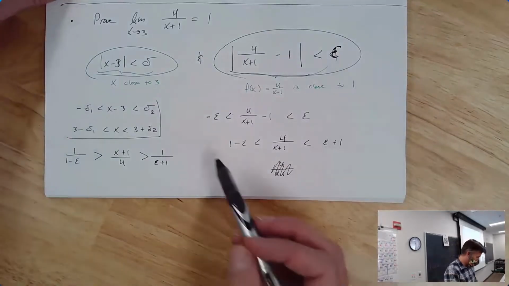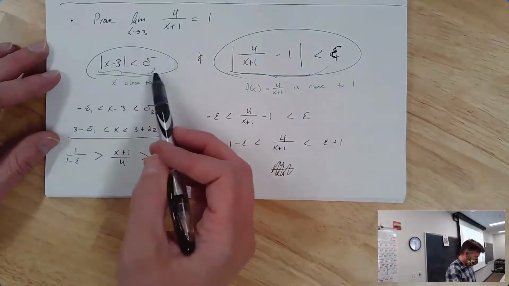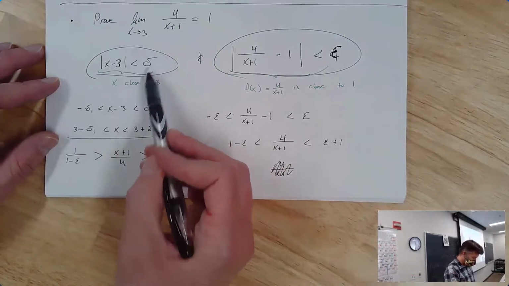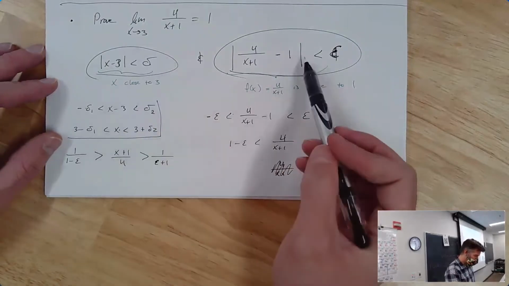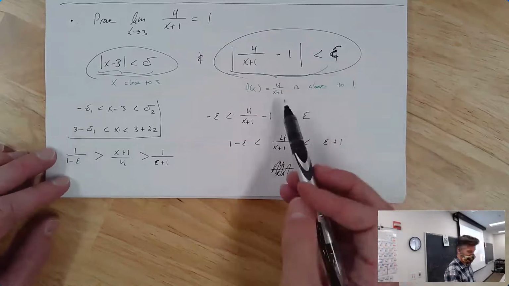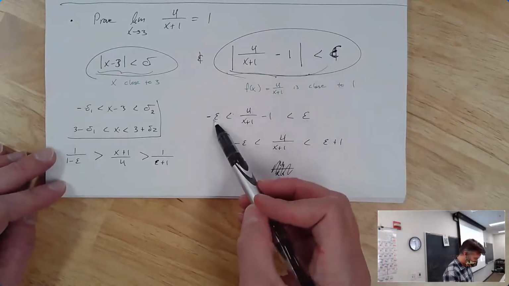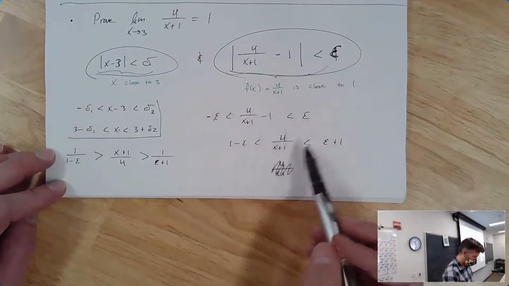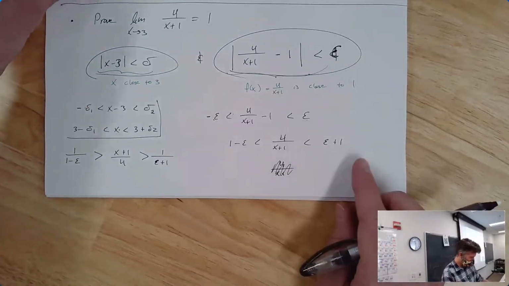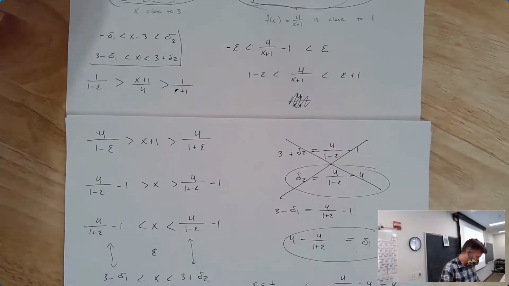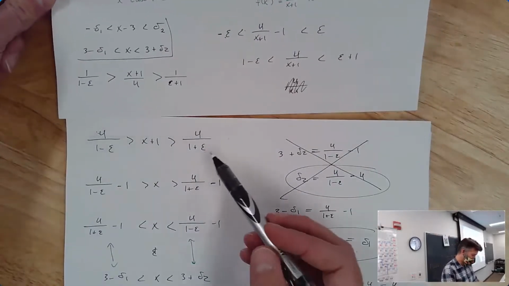So right from here, I isolated the x and got that, and from here I did a lot. It's a lot of steps. We wrote less than epsilon, bigger than negative epsilon. We added 1 to both sides and got that, and then we took the reciprocal.